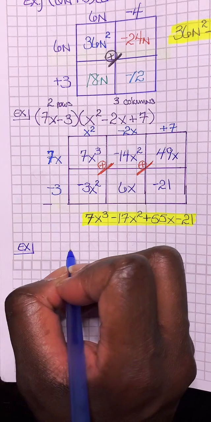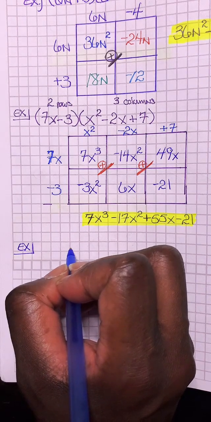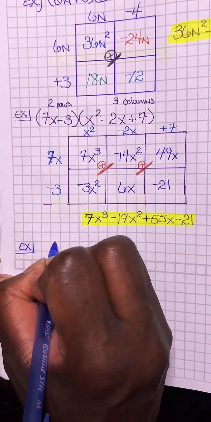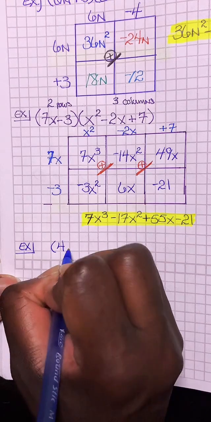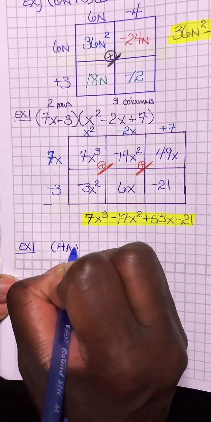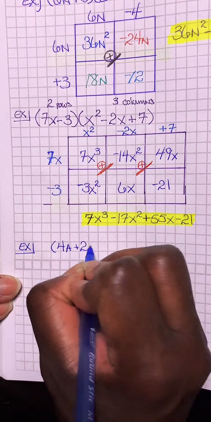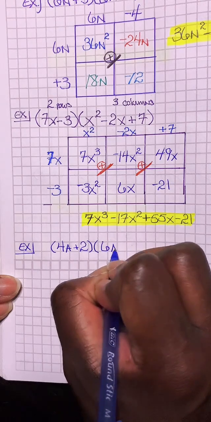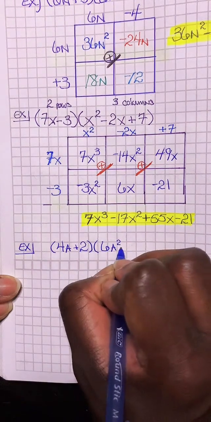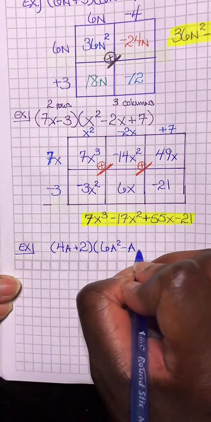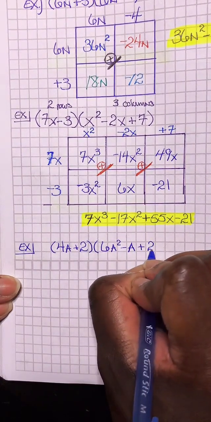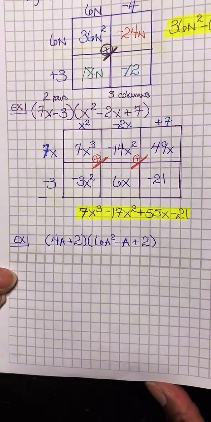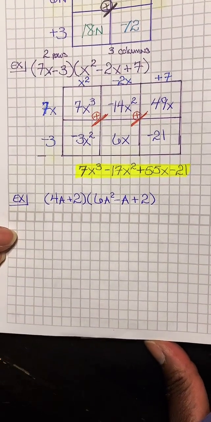All right, maybe not too crazy. The next one I'll probably make crazy. But this one, let's see. I want you to do 4a plus 2, and then you have 6a squared minus a plus 2. Okay, I'm going to try to leave this here. Raise it up a little bit.